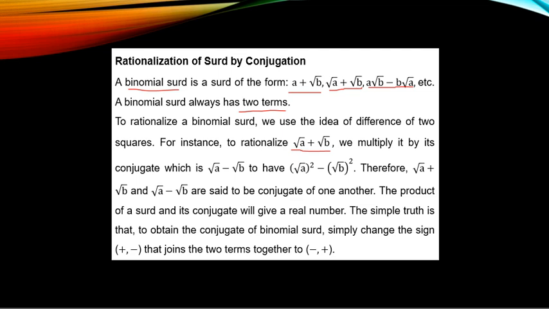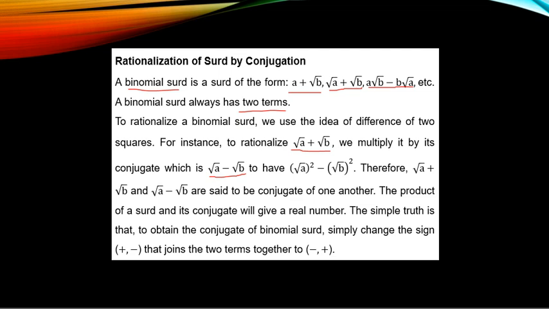The conjugate of root a plus root b is simply root a minus root b. So the conjugate is simply a change in sign. The sign that connects root a and root b is positive. When that sign changes to negative, it becomes its conjugate.